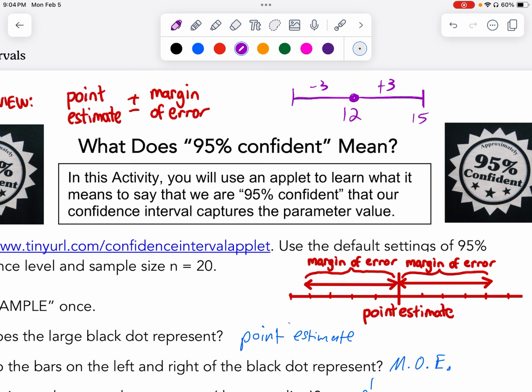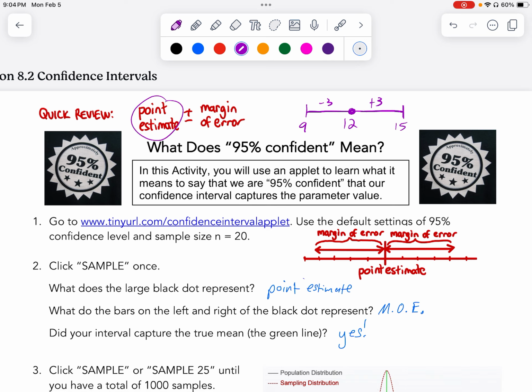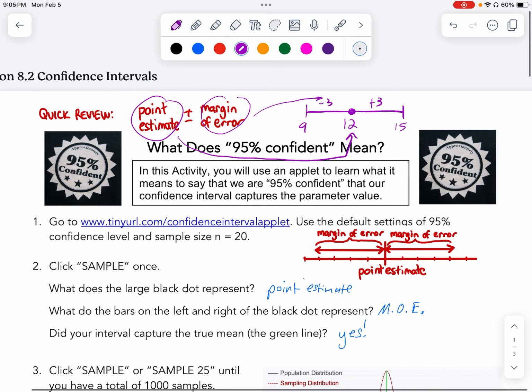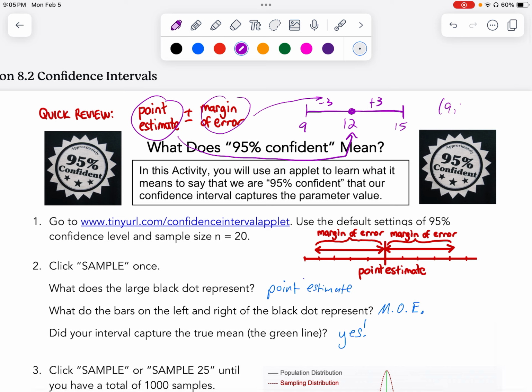So my point estimate would be 12, and my margin of error would be 3. And the interval itself would be 9 to 15. I'm 95% confident that I would make between 9 and 15 of my free throws, as an example.